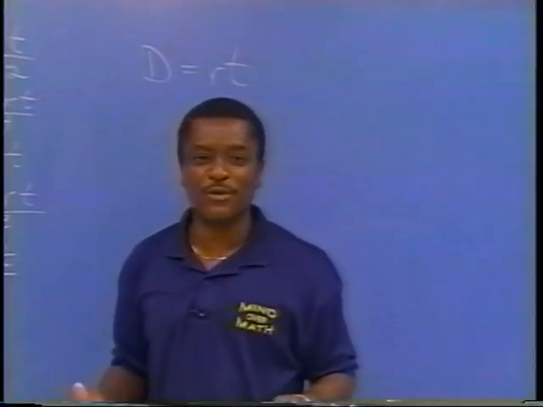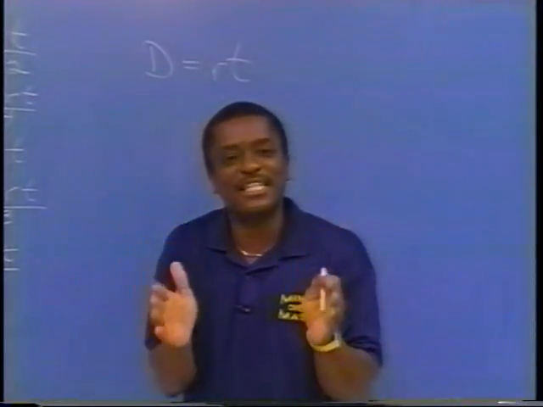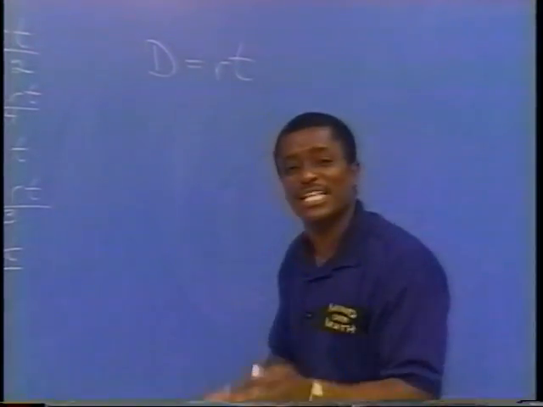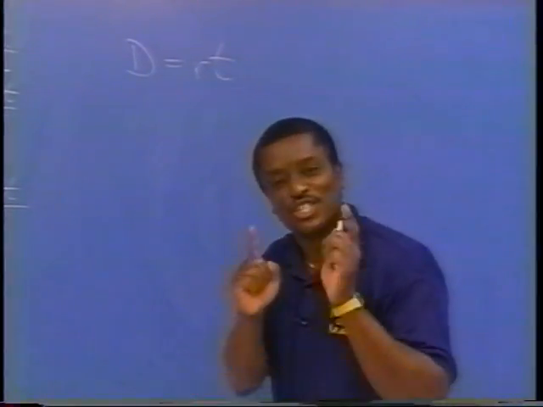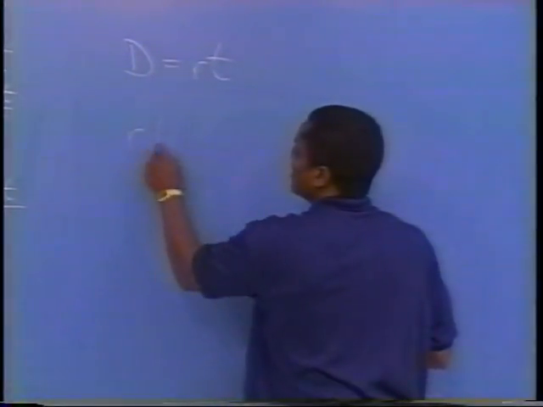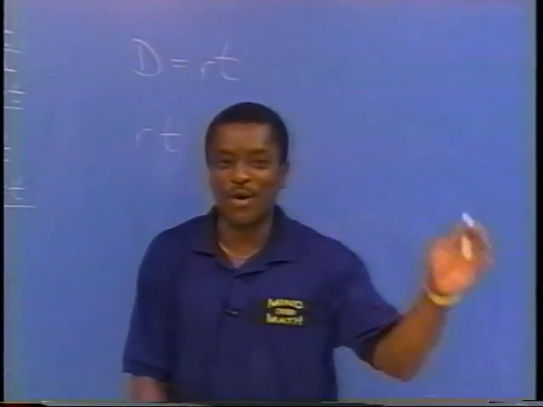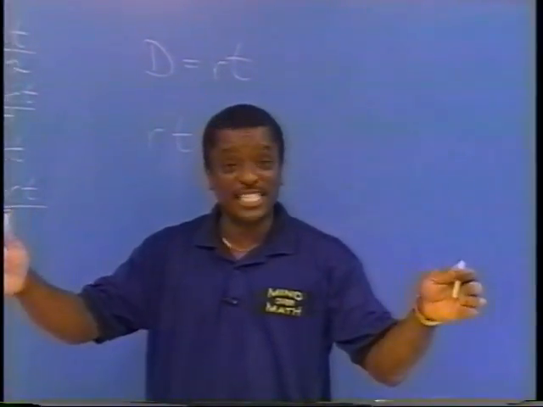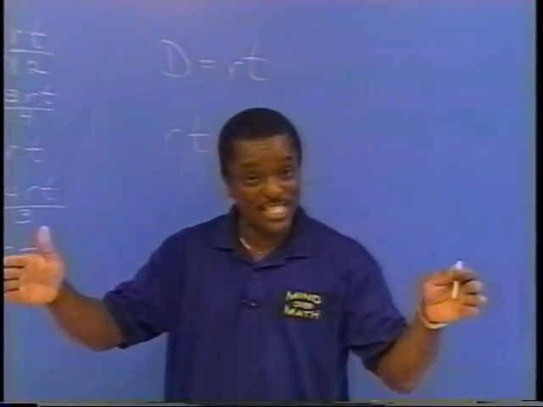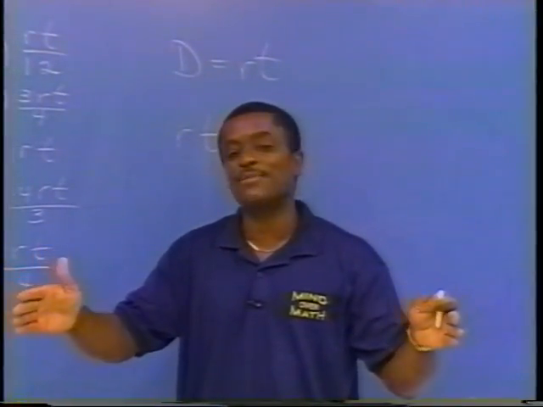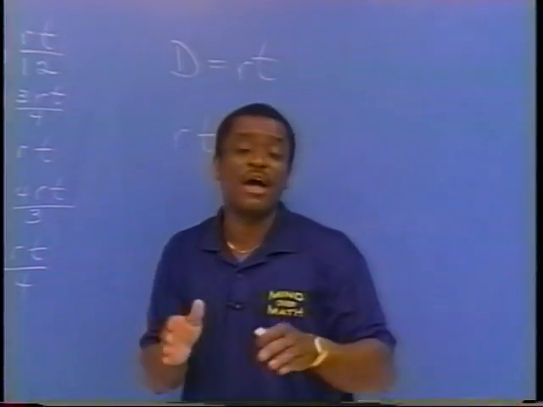Now that's a mouthful. But here, let's identify what we know. We know that the total distance is RT, right? So from point A to point B is RT. That's our distance. And the question is very tricky because it talks about 3/4 of the time ago.